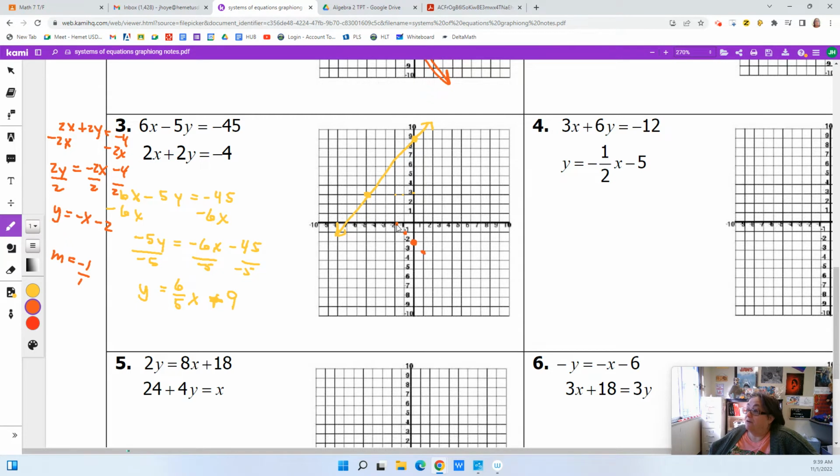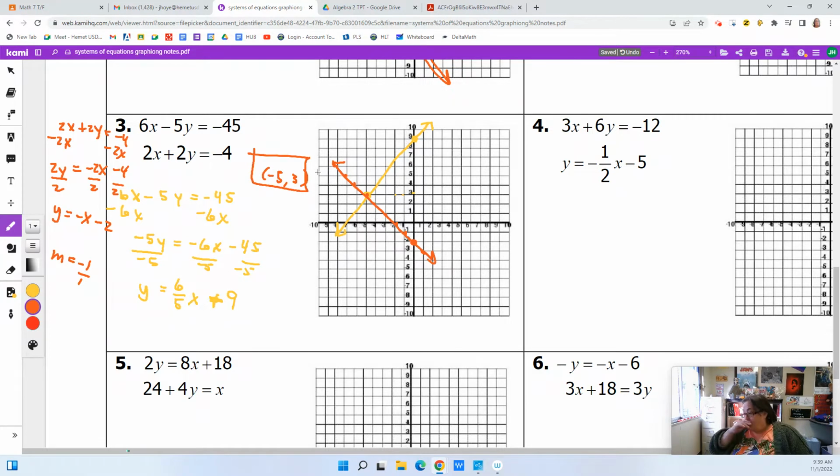I could do this forever because 1s, they're kind of handy, and that they always follow this little pattern right here. And our solution is going to be at this point, negative 5, where they intersect.